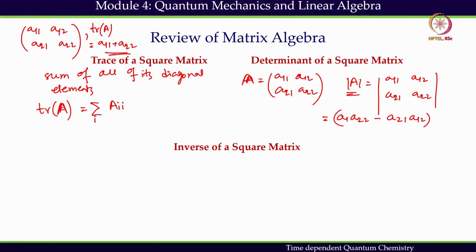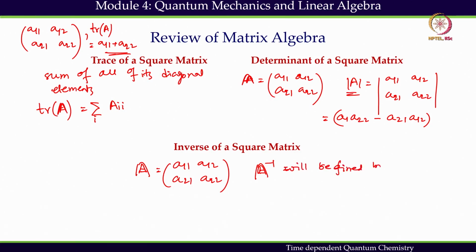Inverse of a square matrix: if the matrix looks like this, A11, A12, A21, A22, then the inverse of the matrix will be defined by A inverse.